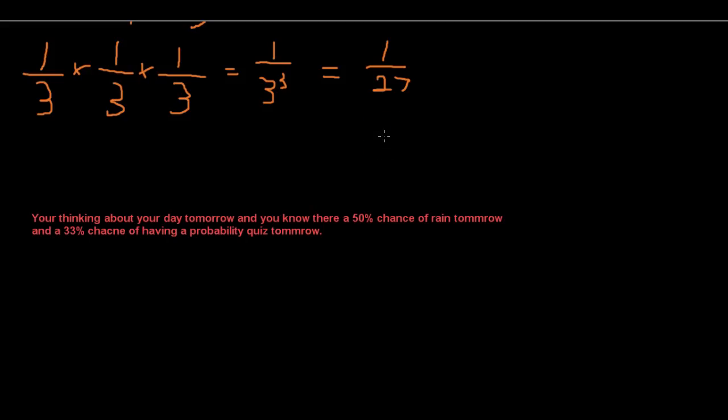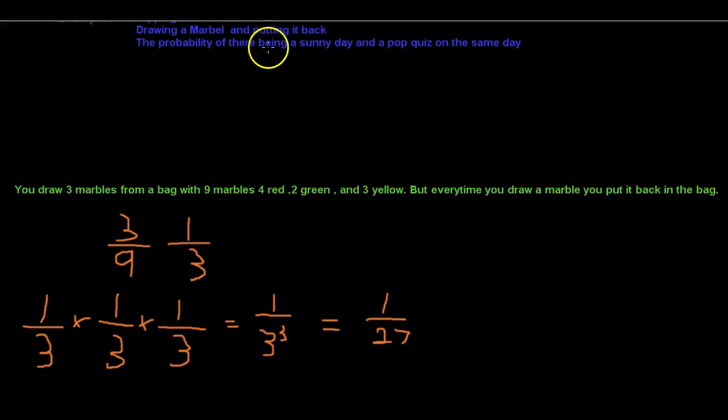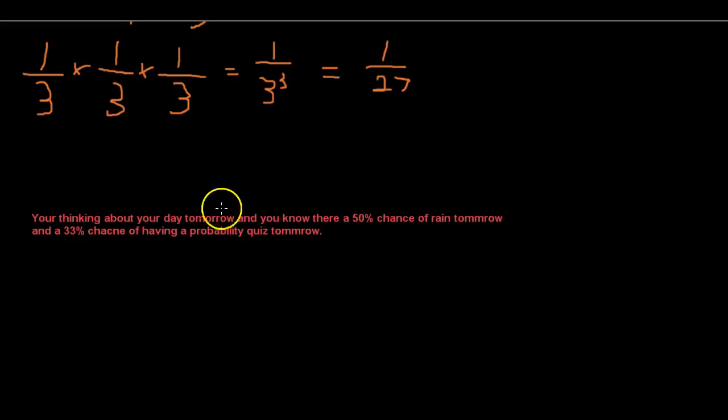So let's do another one. Here we have, like the one we had up here, the probability of there being a sunny day and a pop quiz on the same day. So we know there's a 50% chance that there's rain tomorrow. And we know that your teacher was messing with you the day before and said that there was going to be a 33% chance of having a probability quiz, because right now you're learning about probability in your class.